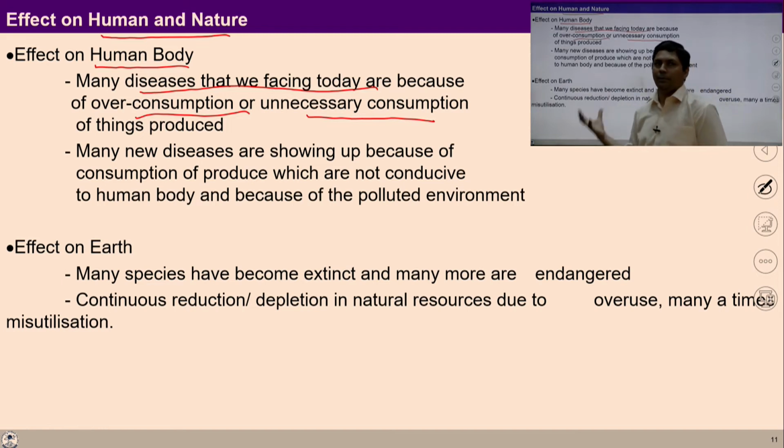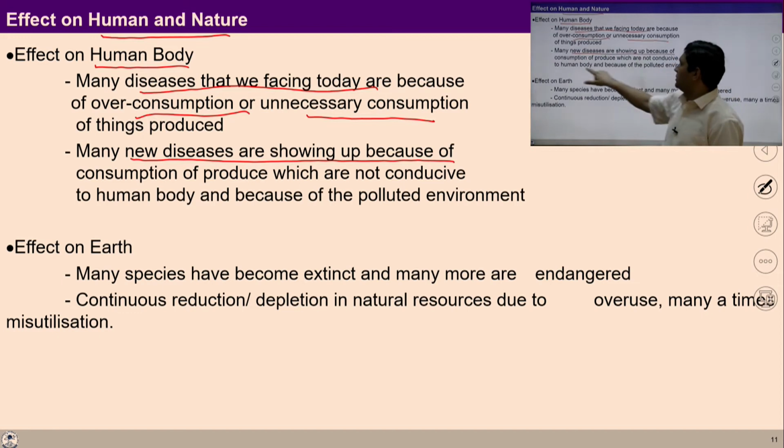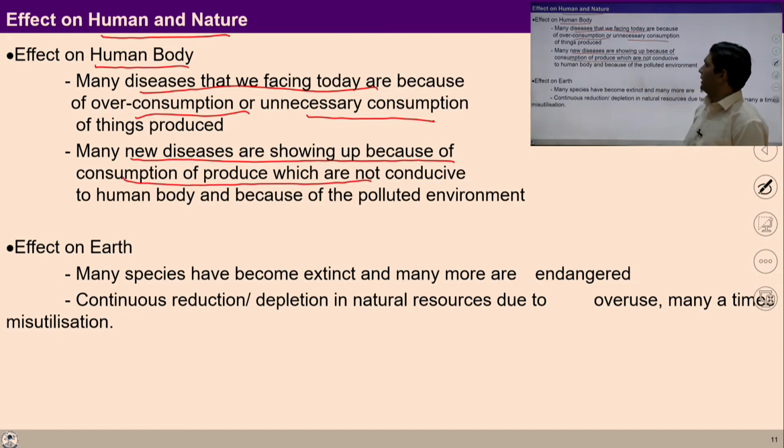The things are being projected as if they are a source of continuous happiness. So people are overeating, over consuming and are equipped with many diseases. Many diseases are showing up because of the consumption of produce which is not conducive to the human body.